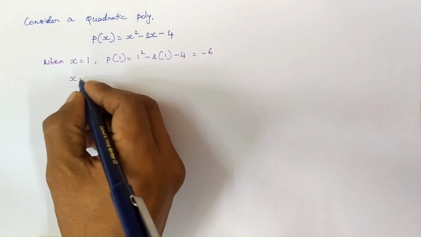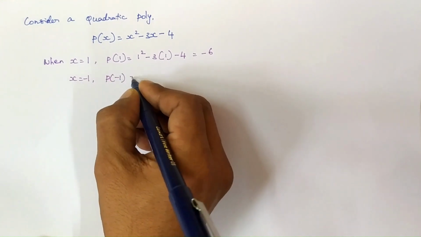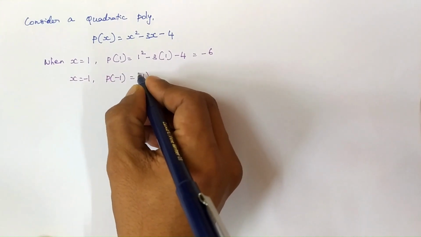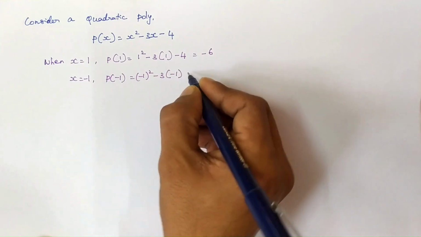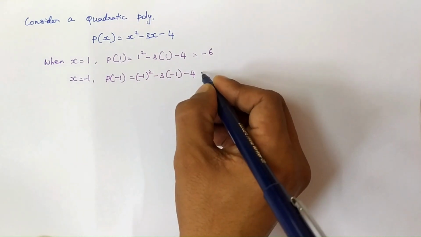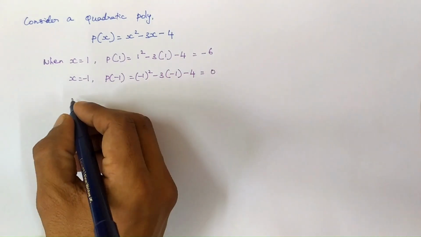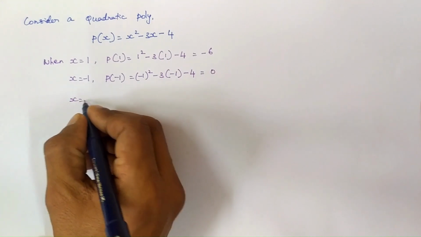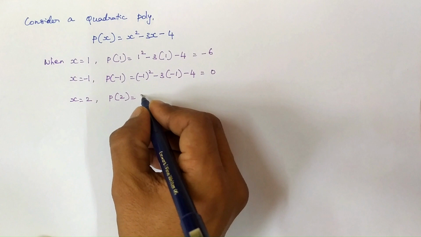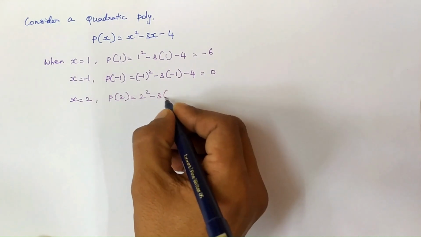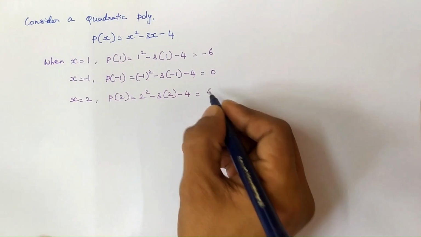When x is equal to minus 1, p of minus 1 is equal to minus 1 the whole square minus 3 into minus 1 minus 4, which is equal to 0. When x is equal to 2, p of 2 is equal to 2 square minus 3 into 2 minus 4, which is equal to minus 6.